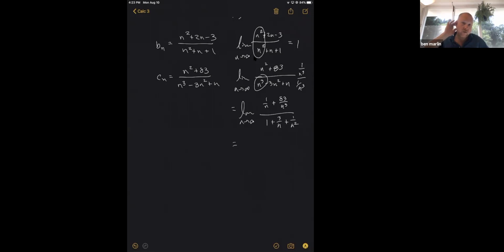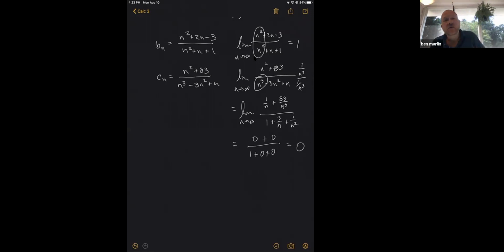Now, 1 over n to a positive power as n goes to infinity is always going to 0. And so that means we will have 0 plus 0 on top, 1 plus 0 plus 0 on the bottom. So we end up getting 0 out of this limit.